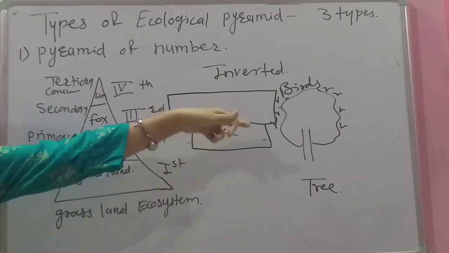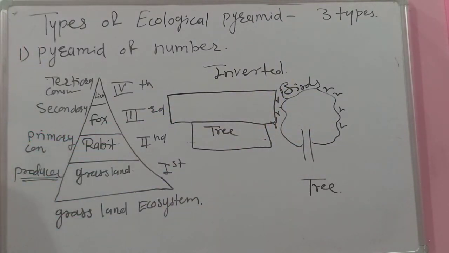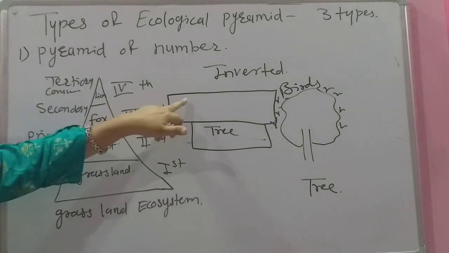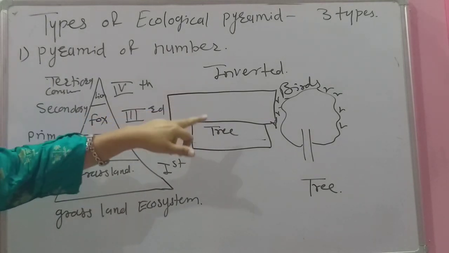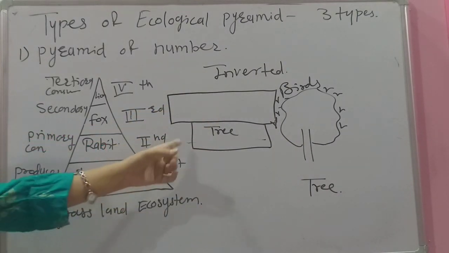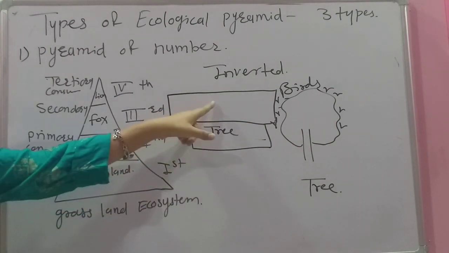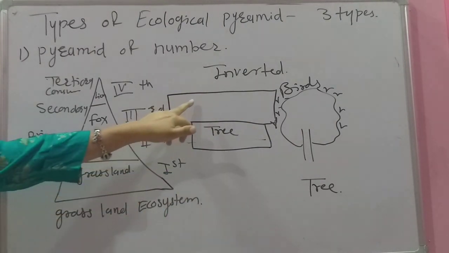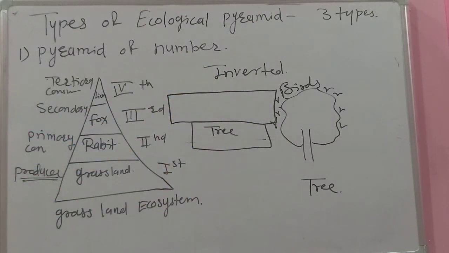On this single tree various types of birds live, and hence the second trophic level, the primary consumers, is larger than the producers, and the shape of this pyramid is inverted.